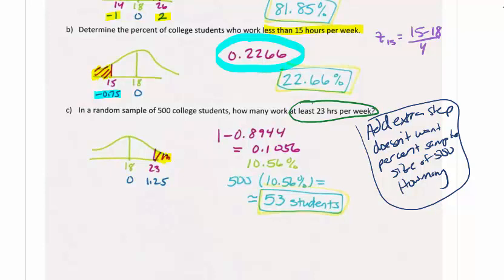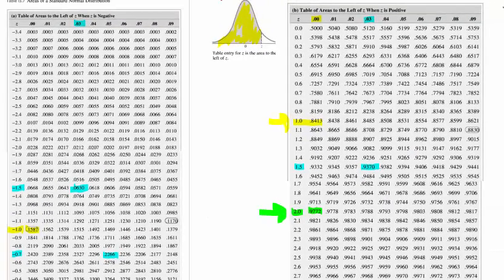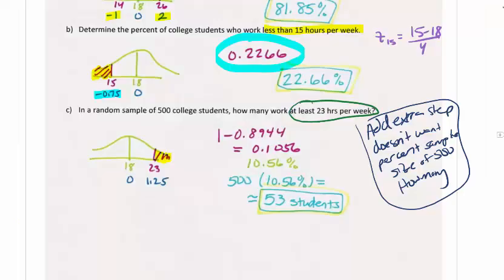You can find it the way I have it here, where we actually use the 1.25, which is the standardization. 23 minus 18, which gives me 5. 5 divided by 4 is 1.25. If I go to my chart and I'm using the positive 1.25, my 1.25 would be here. But remember that that is giving you the left-hand shaded piece.